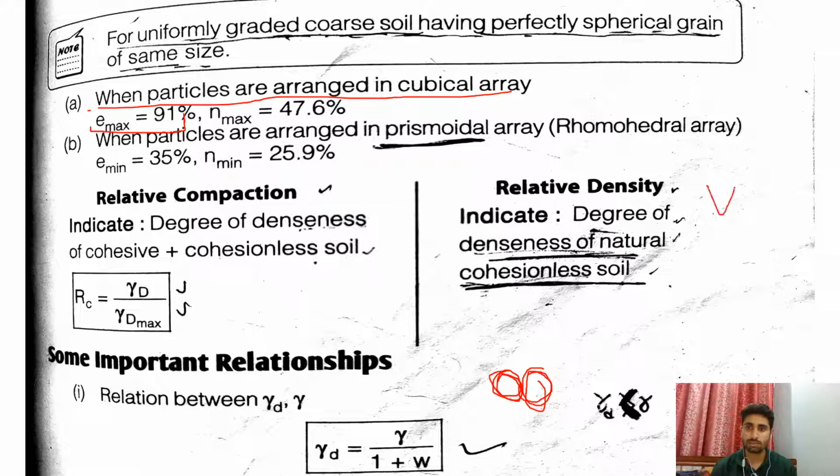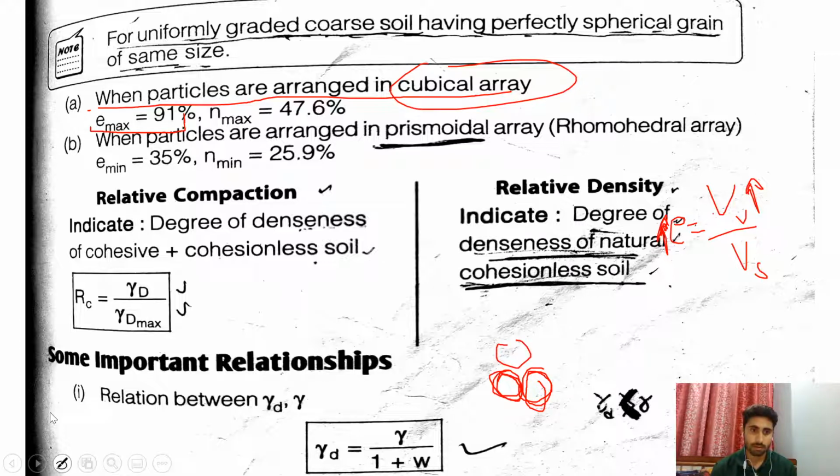What is void ratio? Volume of void upon volume of soil solid. More value of volume of void means more void ratio. So higher void ratio means more voids. So maximum void ratio can be achieved in a cubical array. What is this cubical array? See here.